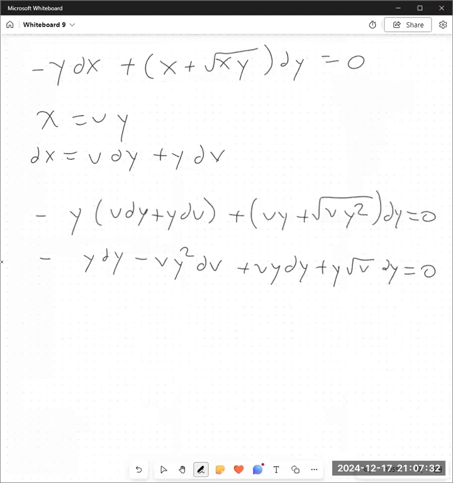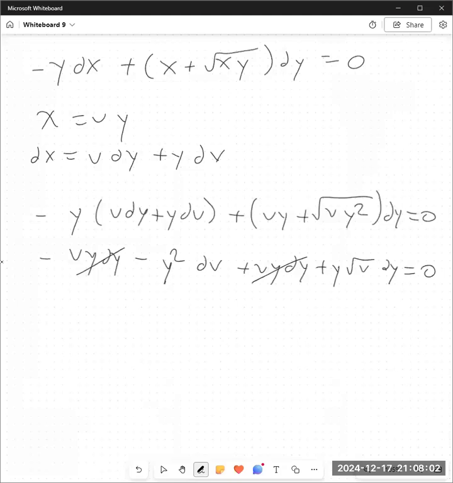So this is negative vy dy minus y squared dv. There we go. So negative vy dy and positive vy dy zero each other out, and I'm left with negative y squared dv plus y root v dy equals 0.